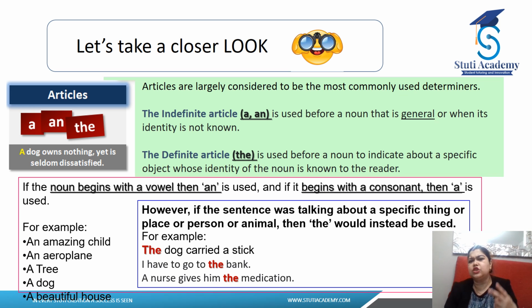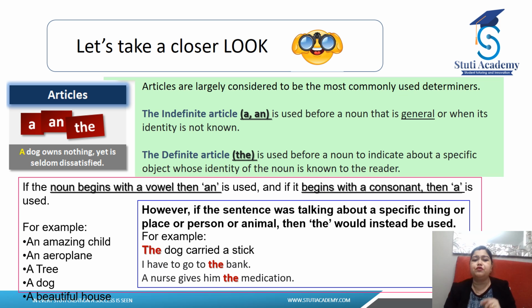Now why two indefinite articles? Well, for a noun which starts with a vowel, you will use the word an. And for a noun which starts with a consonant, you will use the word a.